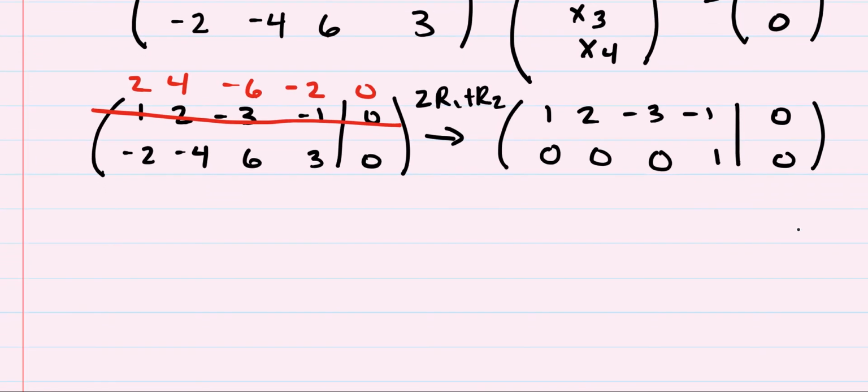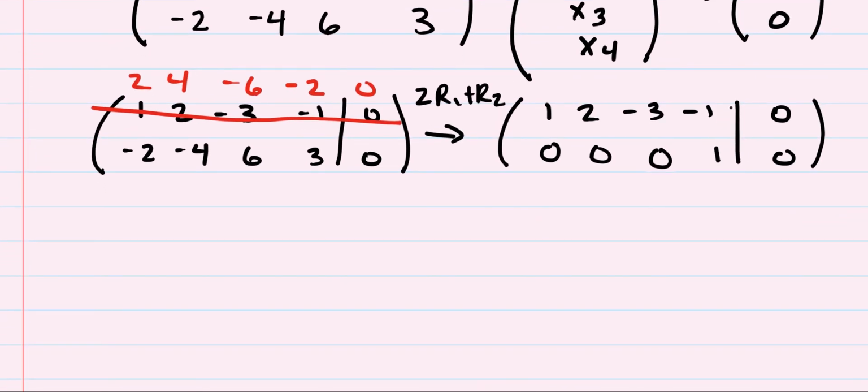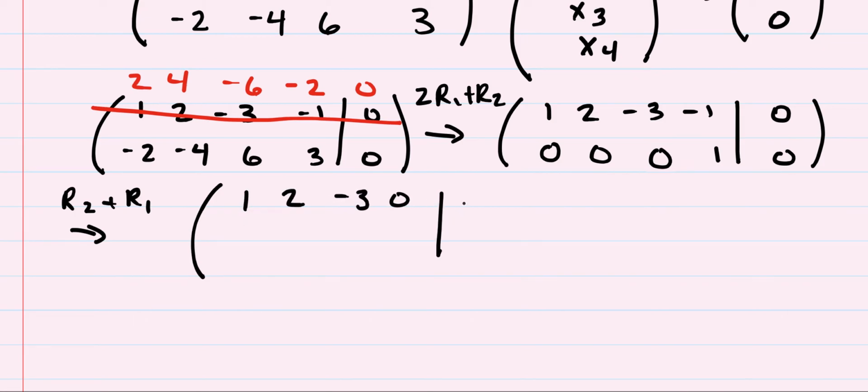And then from here, I want it in reduced row echelon form, so I just need to zero out this one here. So I'm going to take row 2 plus row 1. 1, 2, -3, 0, 0, 0, 0, 0, 1, 0.